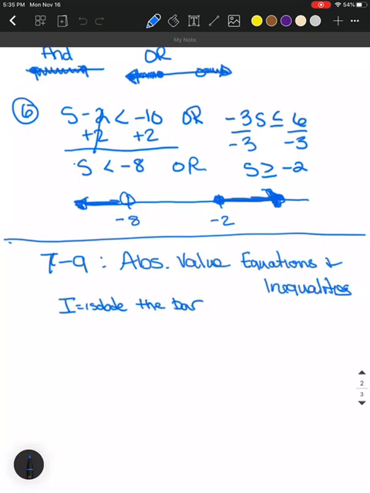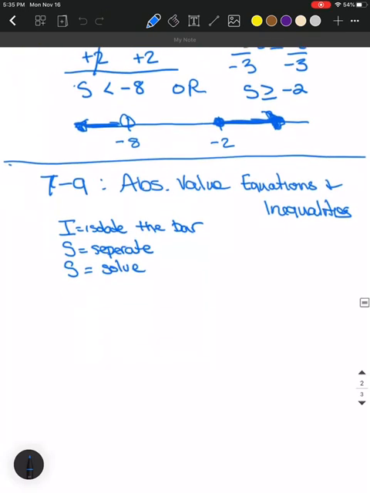We don't care what's happening on the inside, but on the outside, nothing should be added, subtracted, multiplied, or divided by that absolute value bar. The next step is after we isolate it, we're going to separate. And this means we're going to have two equations or two inequalities. And after we get that, we're going to solve. We can solve for our variables, all right? So remember ISS when doing these problems.